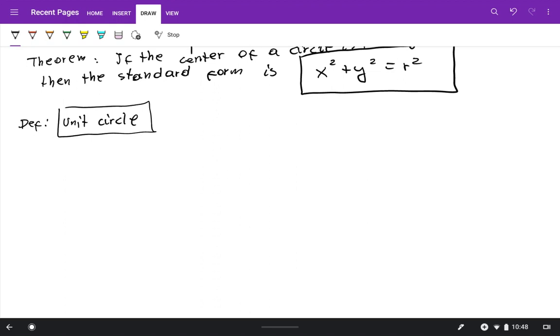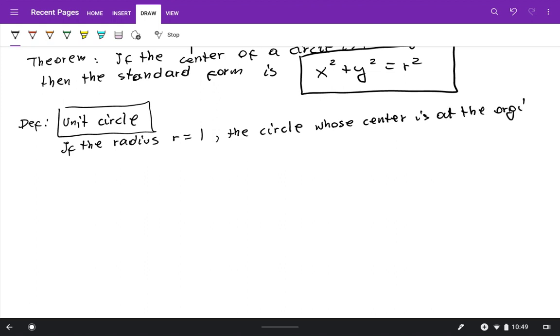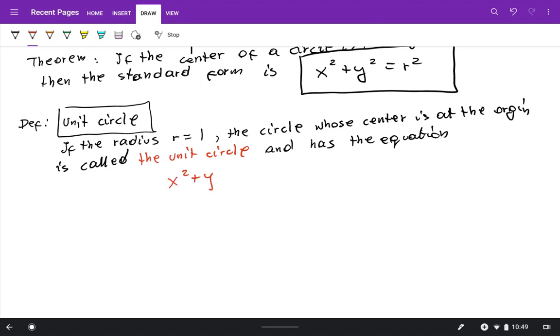If the radius r is equal to 1 unit, the circle whose center is at the origin is called unit circle, and has equation x squared plus y squared equals 1.